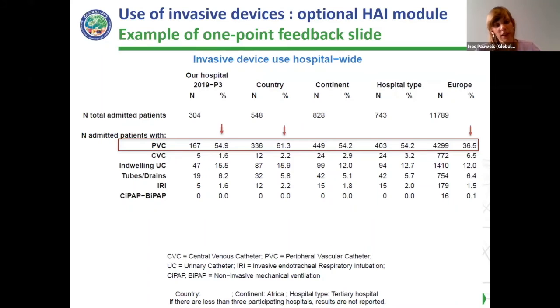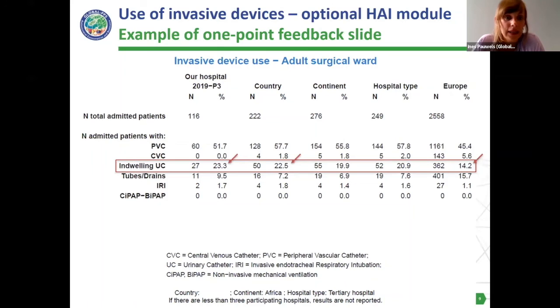And this is, in this case, probably linked with high use of parenteral antibiotics and drugs. And this is another example of such a feedback slide from the optional healthcare associated infections module. Here you can see that in this hospital, about 1 in 4 admitted patients had an indwelling urinary catheter. So these findings can also be really important, for example, if you would like to make a link with infection prevention control.